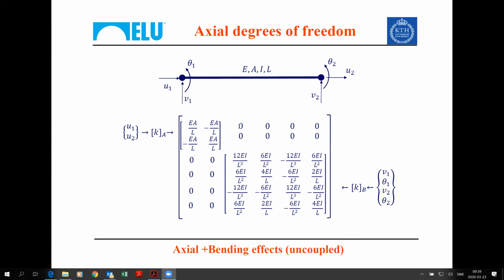These are different ways of organizing the stiffness matrix. They are related to the order into which we assume that the nodal freedoms are placed in the nodal displacement vector. Once again, remember axial and bending effects for this type of beam, a straight beam, are not coupled.